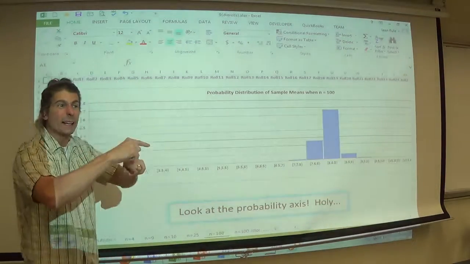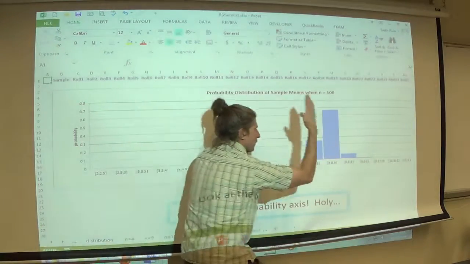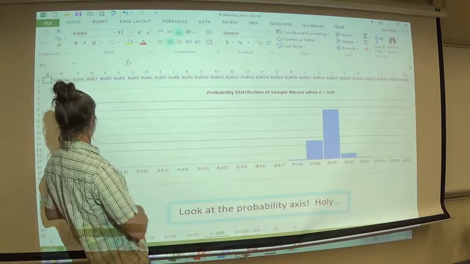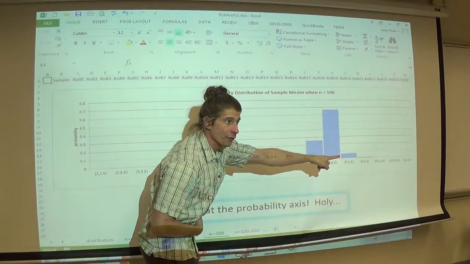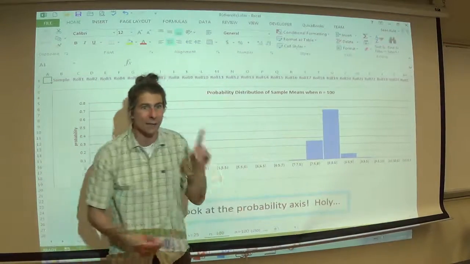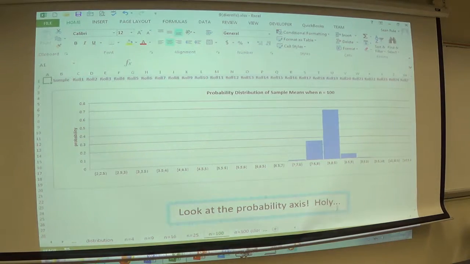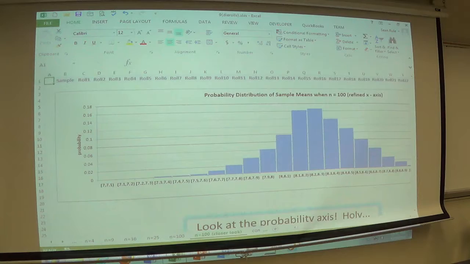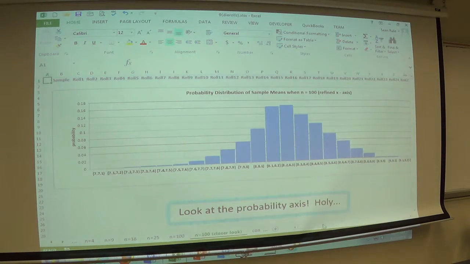So what I did was I added a page to this one, and I only focused on where the data is actually popping up. Notice how this one goes from 2 up to 12. You can't get all those anymore. So I only went from 7 up to, it looks like 9 or 9.5.